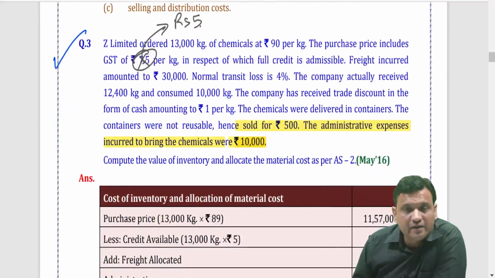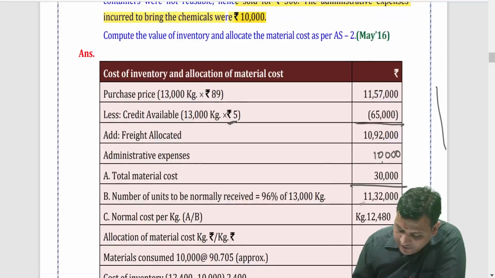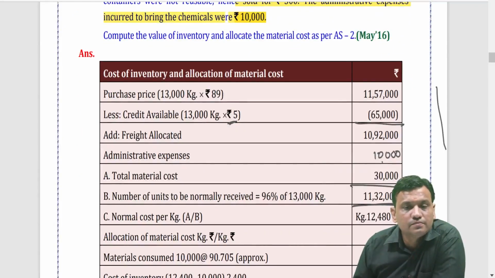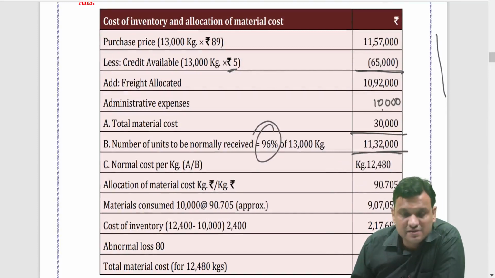A small printing error, it is rupees 5. So your credit available is 5. So 1092 plus 10 plus 30, you get 11,32,000. And there is 96%. Why is 96% taken, sir? 4% is normal loss. So my allocation of cost is 90.705.